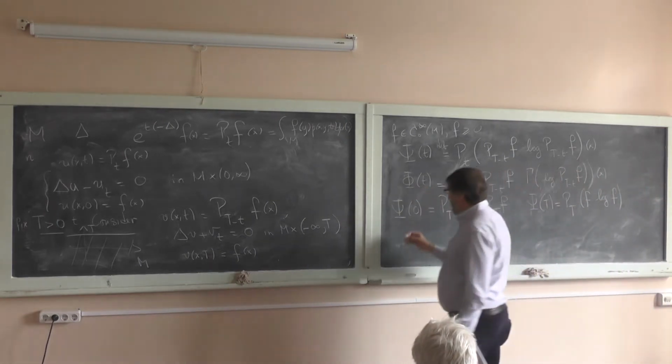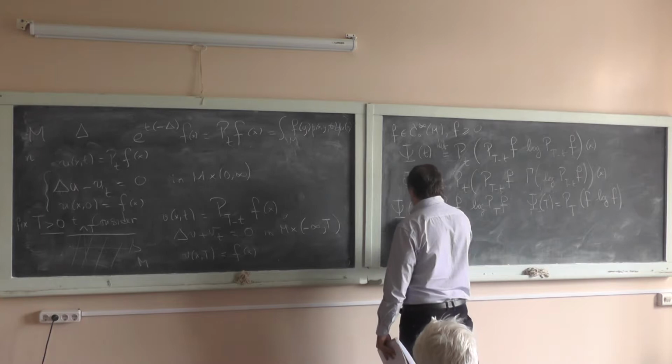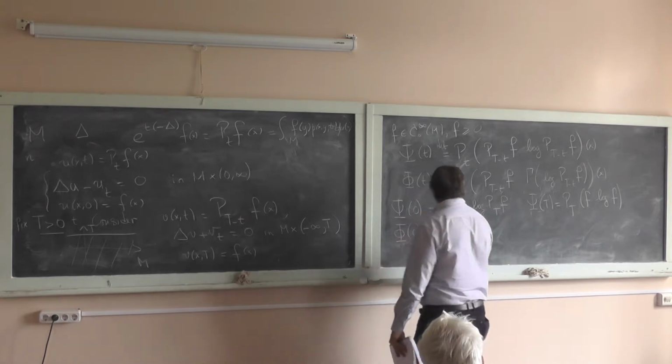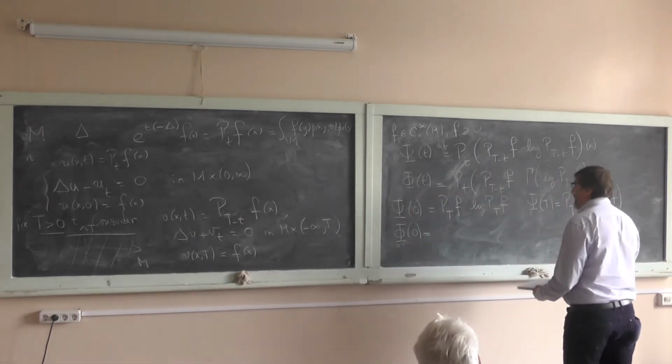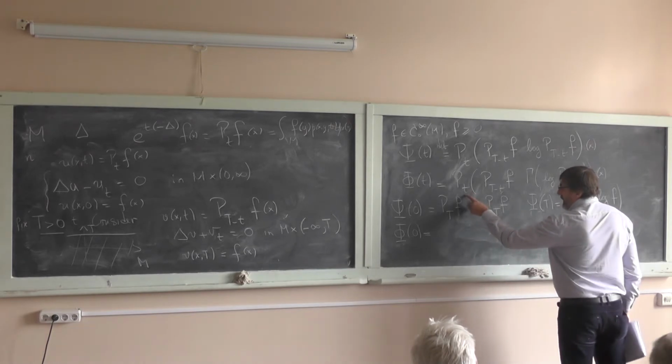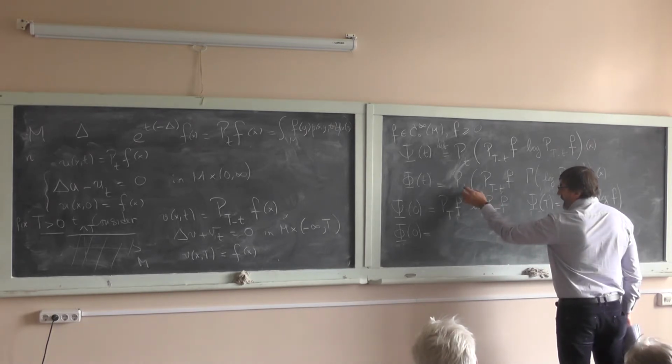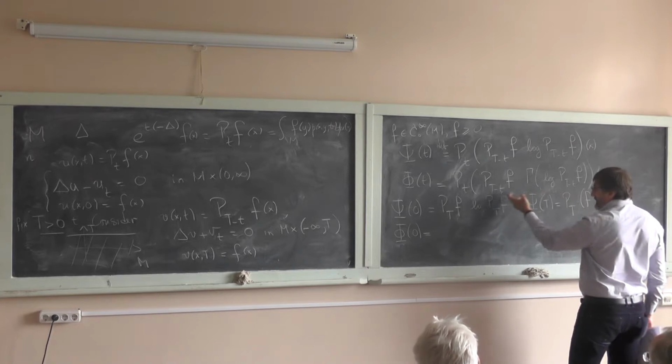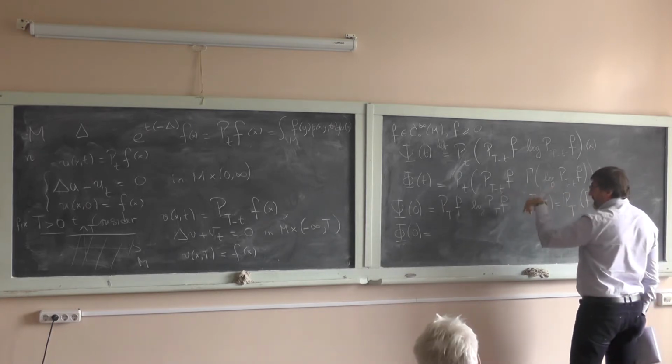Now let's look at phi. Phi at 0 is equal to, once again, when t goes to 0, I pick up the initial value of this function at time t equal to 0.